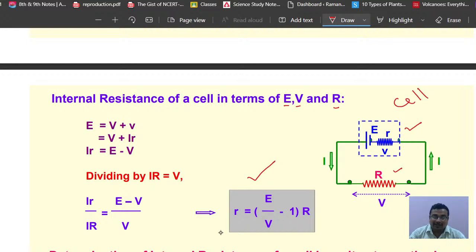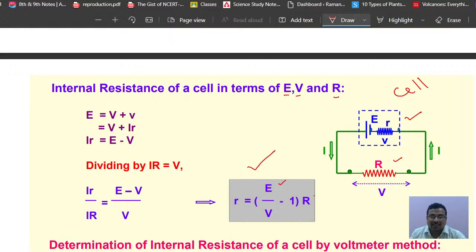The internal resistance can be written as r equal to E upon V minus 1, into R. E is EMF, V is voltage, R is resistance. So small r is telling about the internal resistance of the cell.